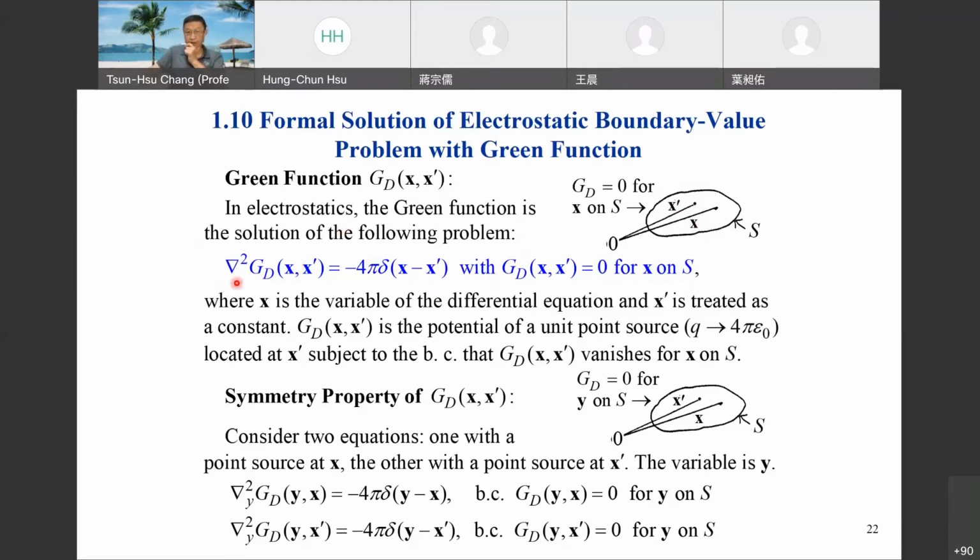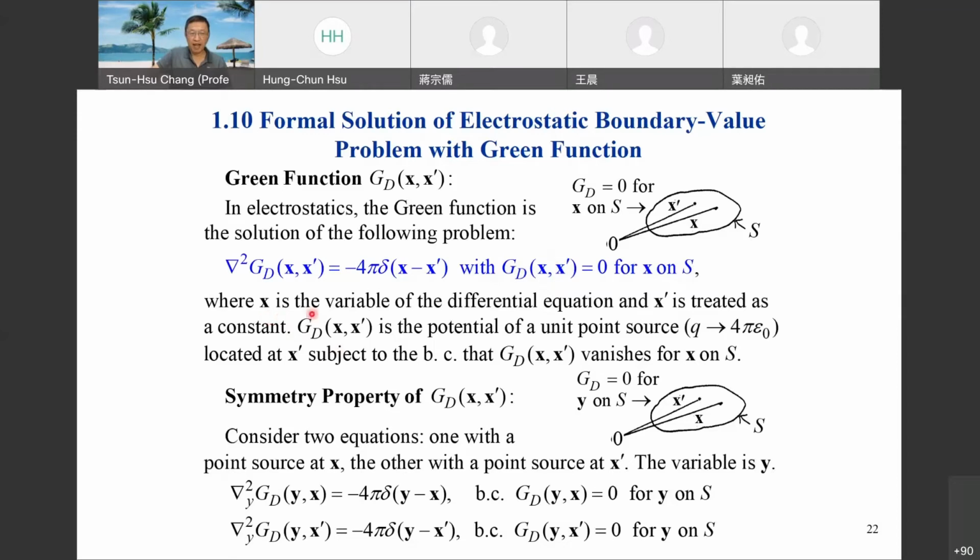The green function is the Dirac delta function, a point source, and on the surface it's 0. It's 0 on the surface. We prefer the Dirichlet boundary condition, so we use D here. That's another requirement.